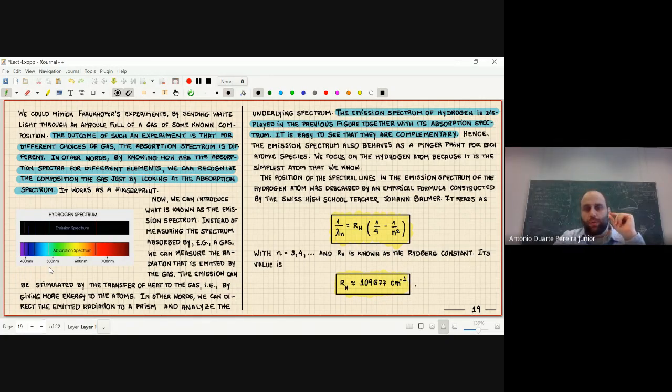So what is going to happen is that when you are measuring the absorption spectrum, you see an entire range of colors going from the very high frequencies to the very low frequencies that your eye can detect.